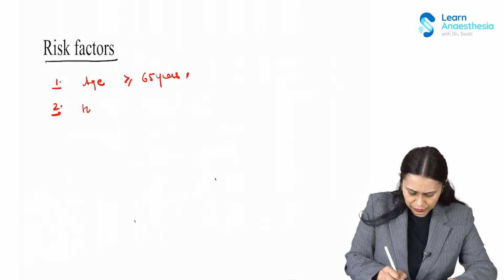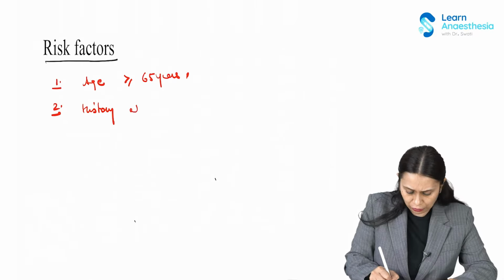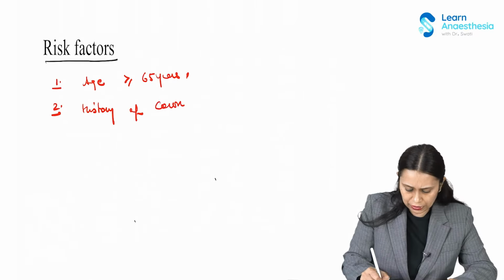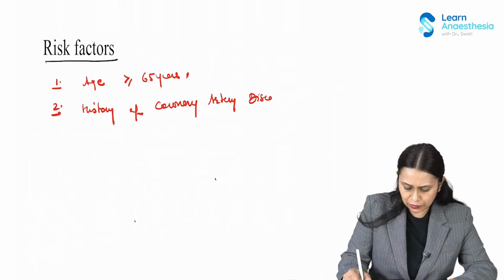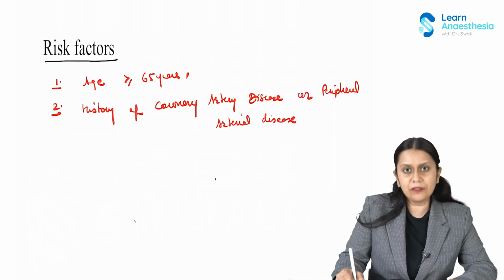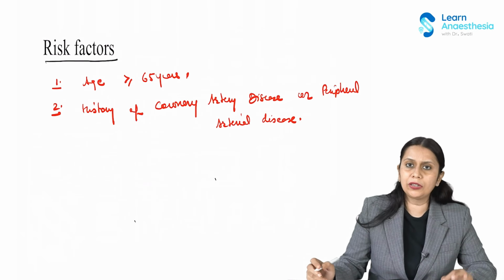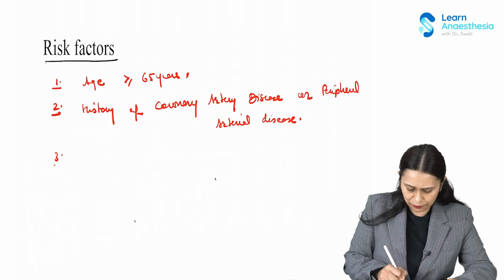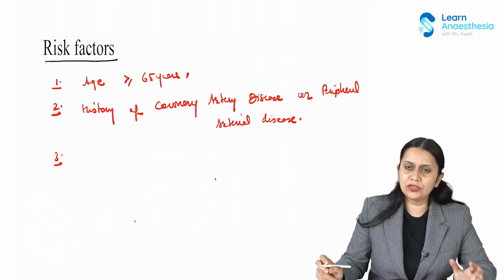So a patient having history of coronary artery disease or peripheral arterial disease. Now, a patient having history of diabetes or kidney dysfunction. So, our patient also had a history of diabetes requiring insulin for control.